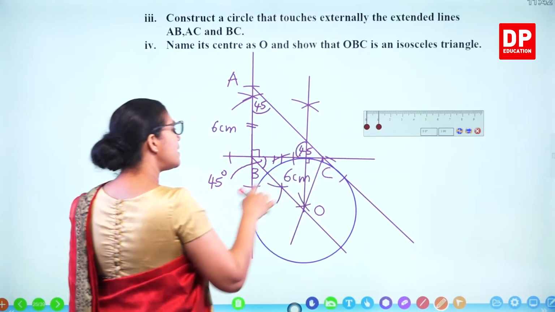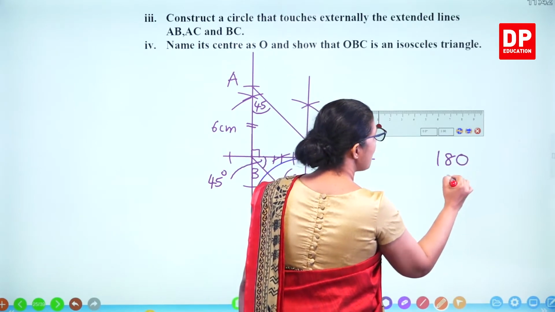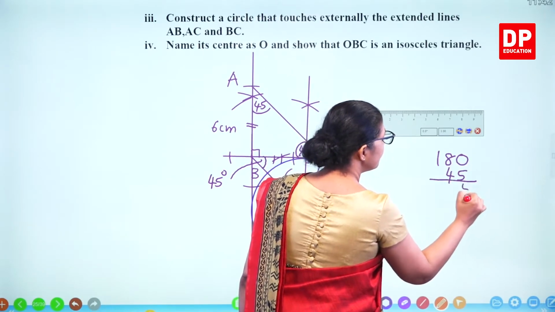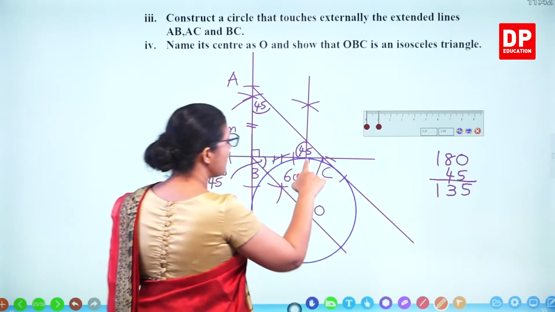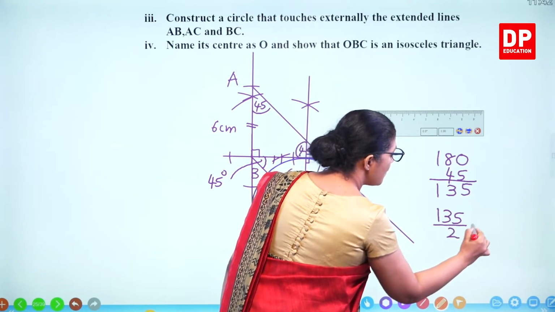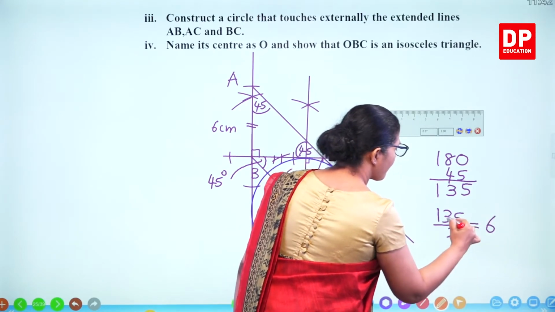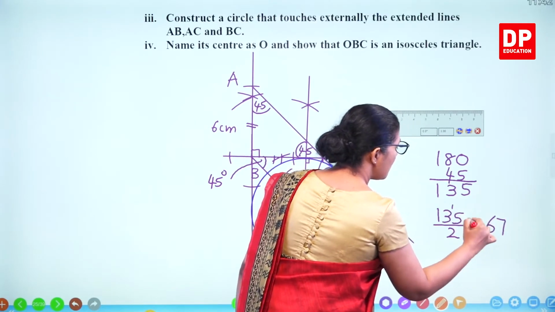So what is the exterior angle? 180 minus 45. So 135 is the exterior. Divide by 2 because we drew the bisector. 2 times 6, 12 and 7, 14.